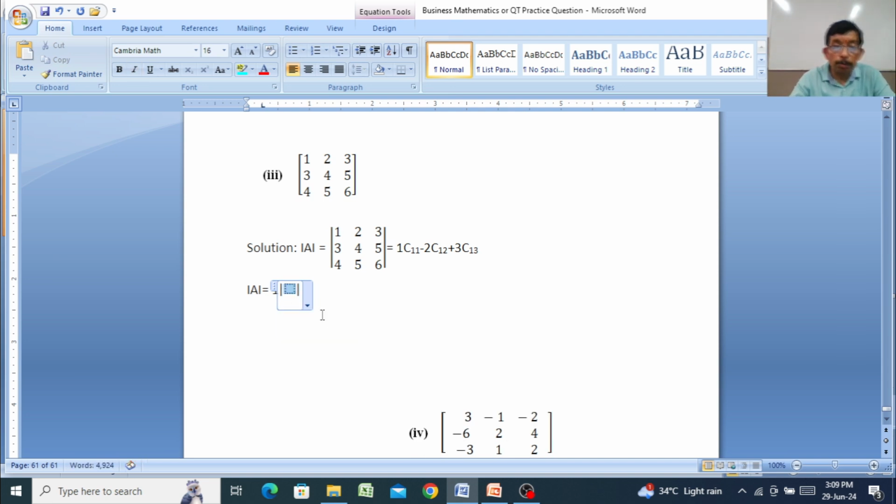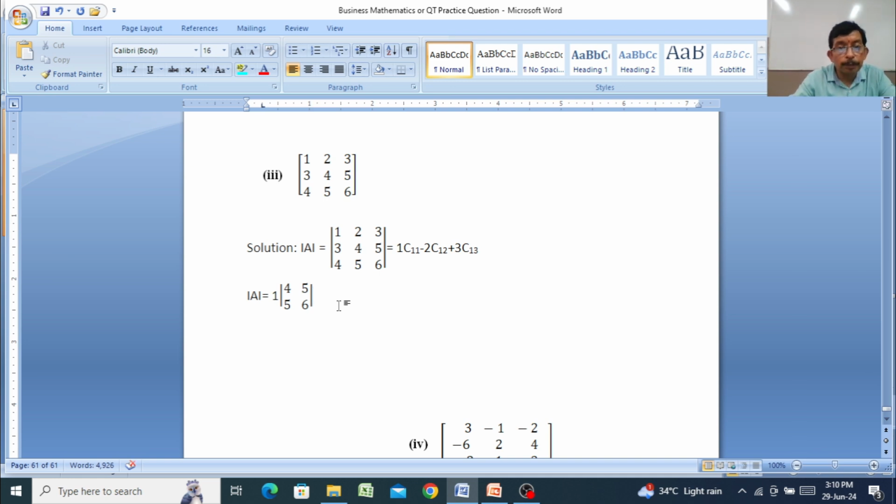C11 means first row first column element, cancel out the remaining elements: 4 5, 5 6.